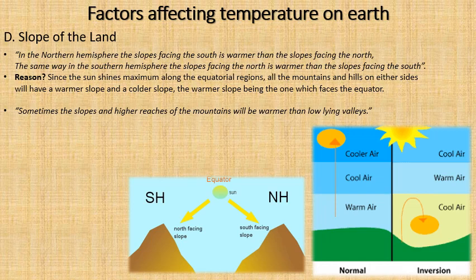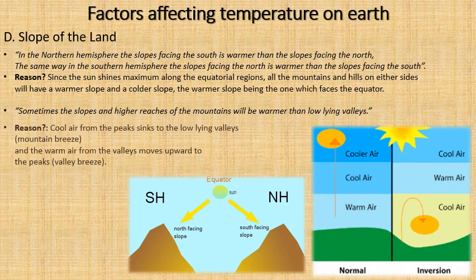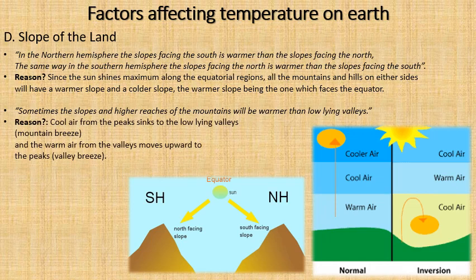So there is cool air at the bottom and warm air on top. But after the layer of warm air, again there will be colder air. So here there is an opposite appearance of cold air at the bottom and warm air above it. That is called temperature inversion. So temperature is actually inverted. Usually it is warm at the bottom and cold above. In some places or valleys, it is cold in the valleys and warm above on the top of the hill.